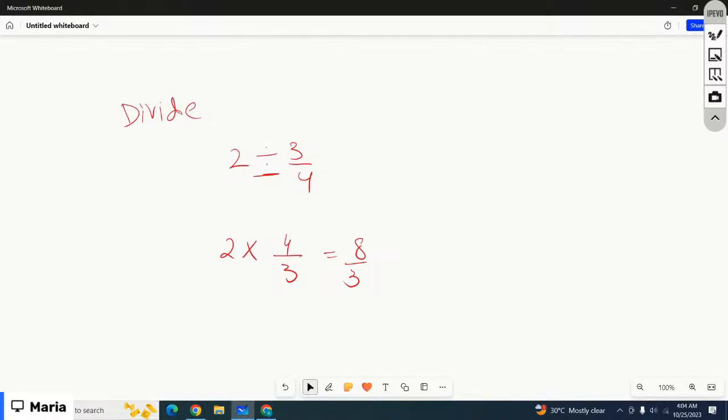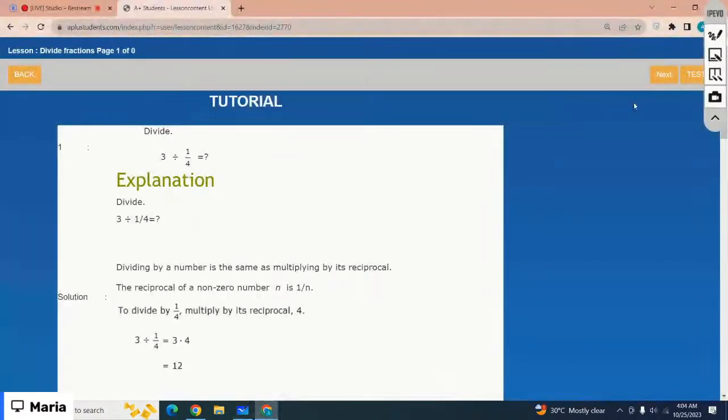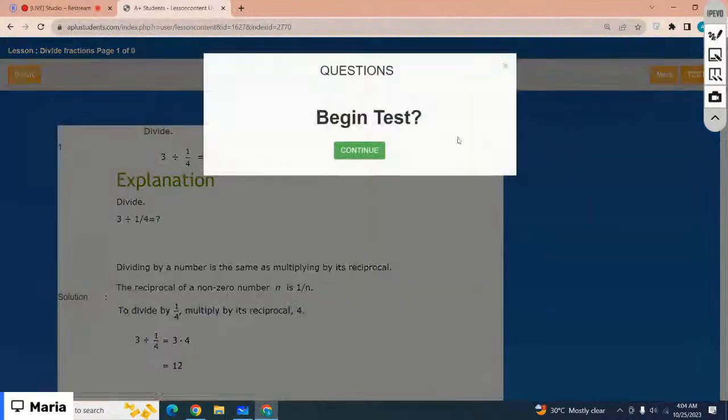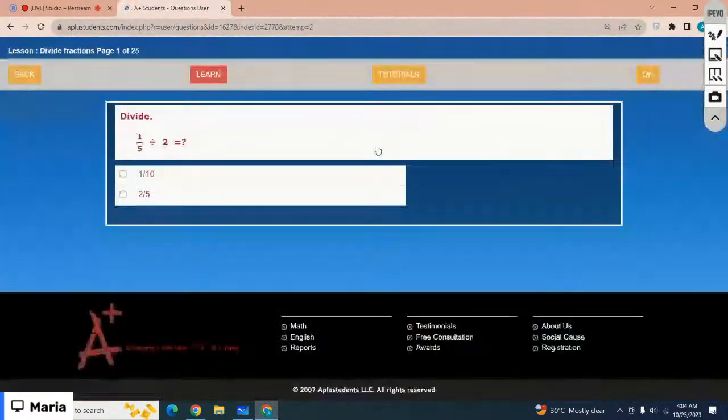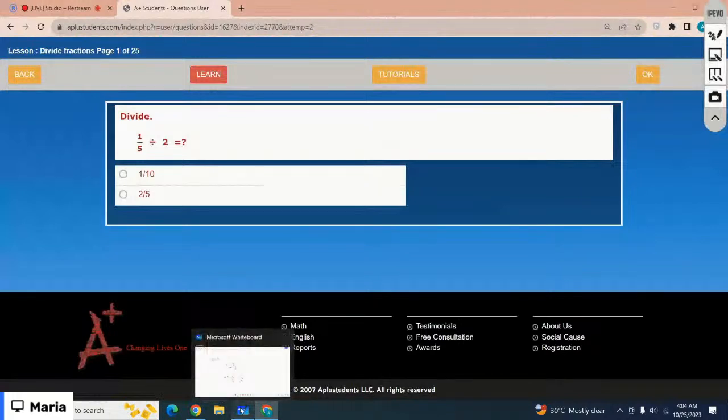So when you are dividing fractions, you need to change the division sign to multiplication, and then you have to take the reciprocal of the term right after the division sign, right? Let's just start with the practice questions. 1 by 5 divided by 2.